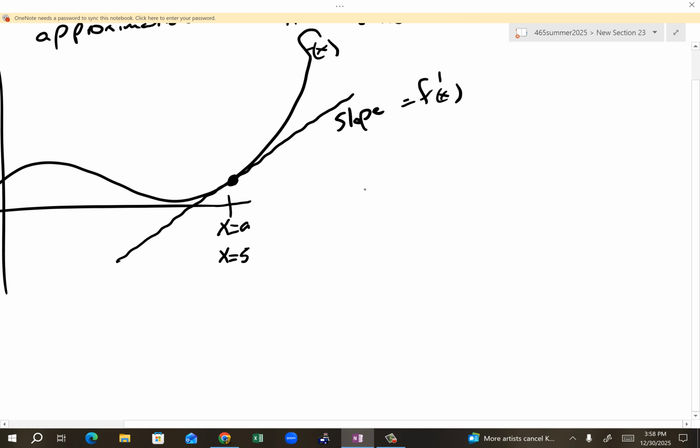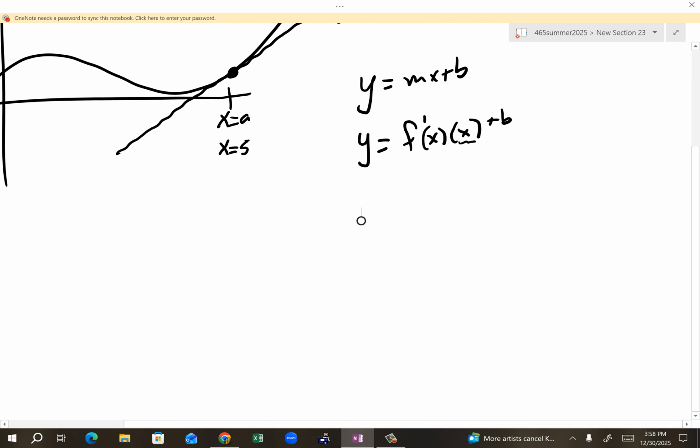And then, of course, you could write a tangent line by y equals mx plus b. And Mr. Groom is going to write it this way. I'm going to write y equals f prime of x times whatever your x is, in our case 5, plus b. Now, when I do that, let me redraw that a little bit. This is going to be f of a.